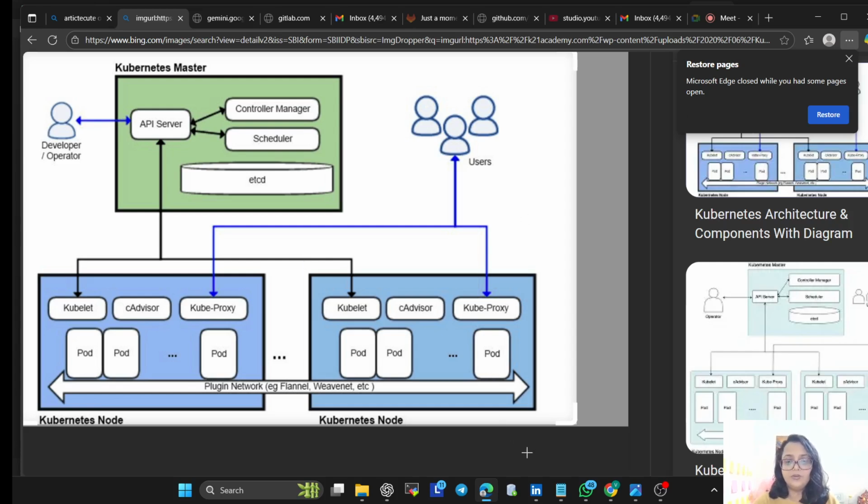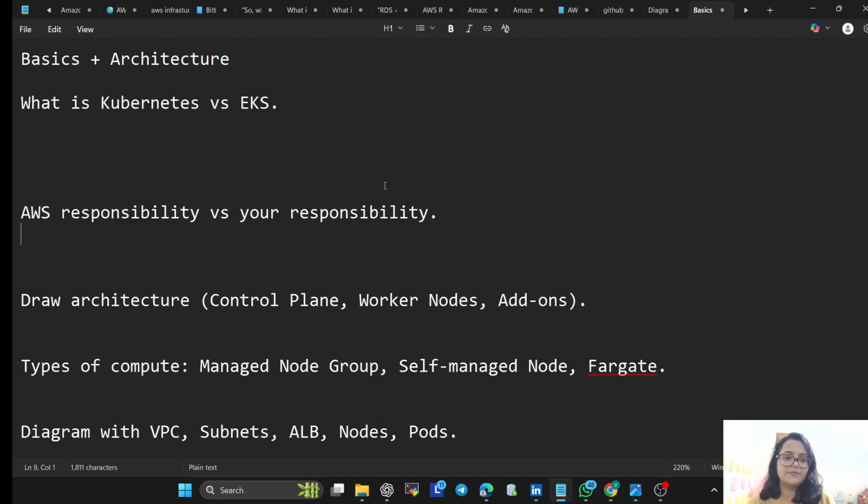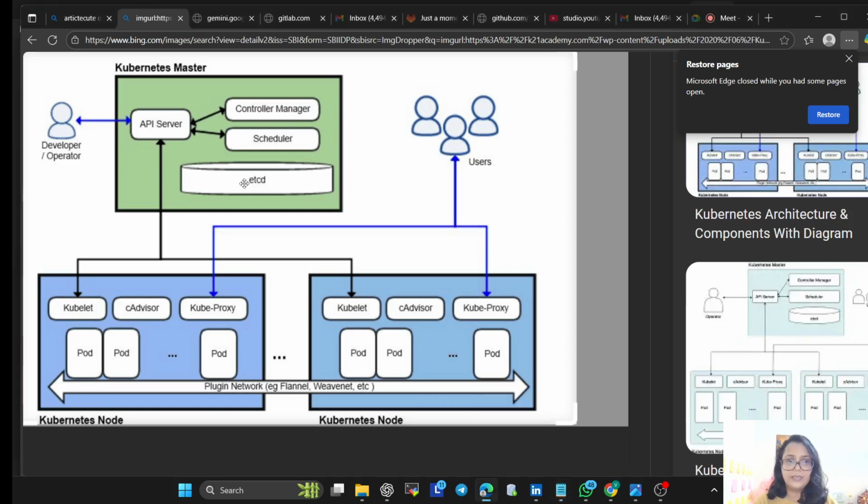Okay, now come to our next topic: AWS responsibility versus your responsibilities. In AWS responsibility, there is the control plane: API server, etcd, controller, scheduler, which come in the master. All of this will be taken care of by AWS.